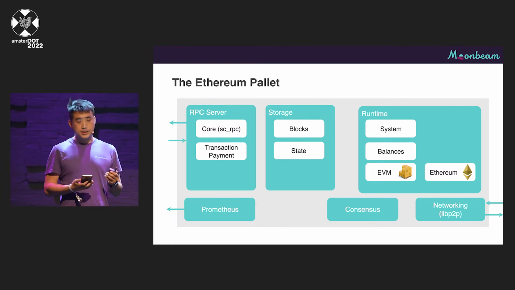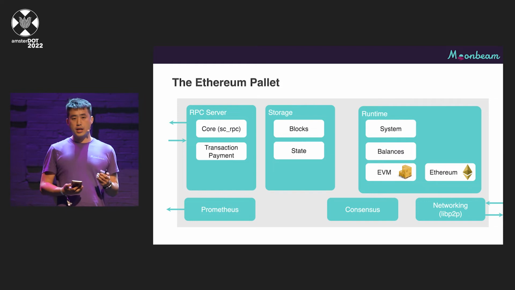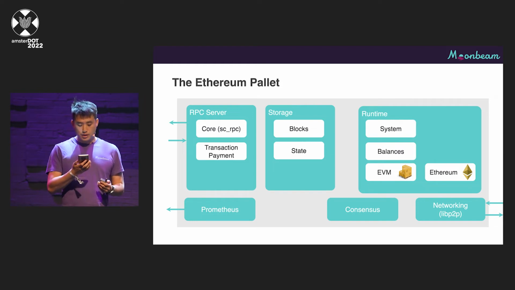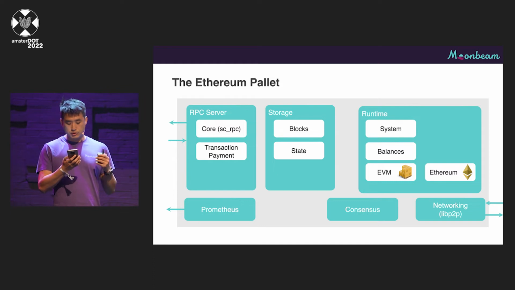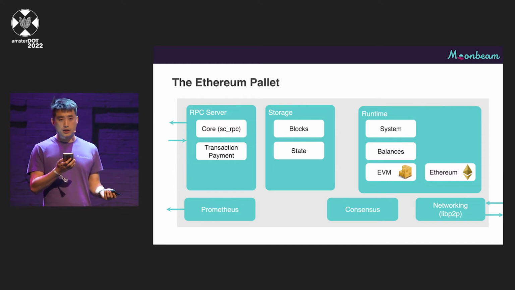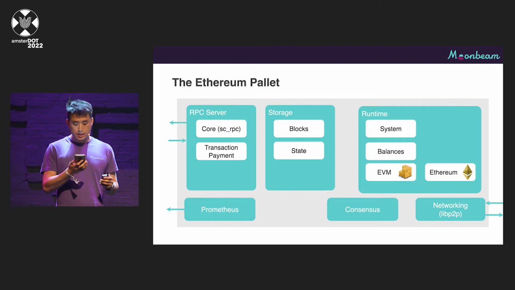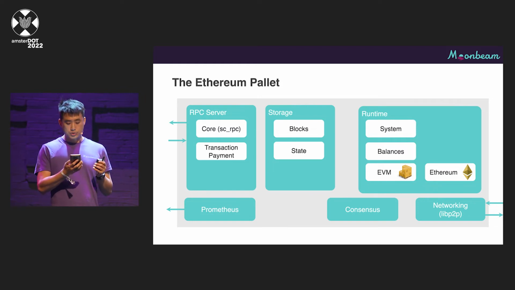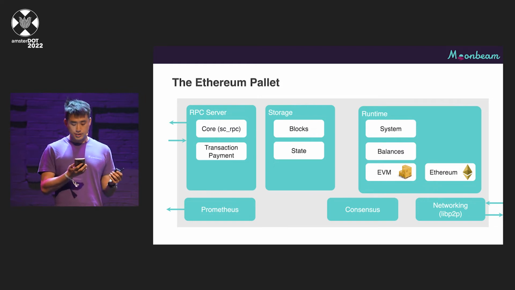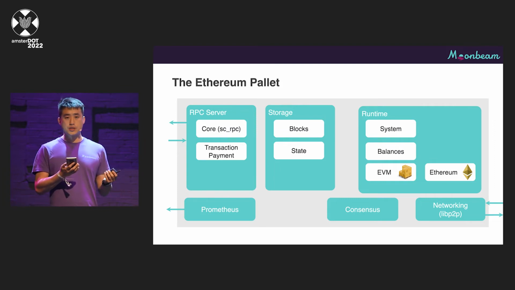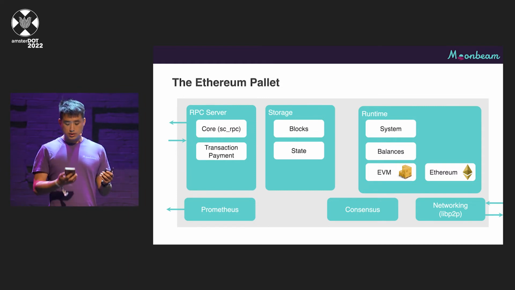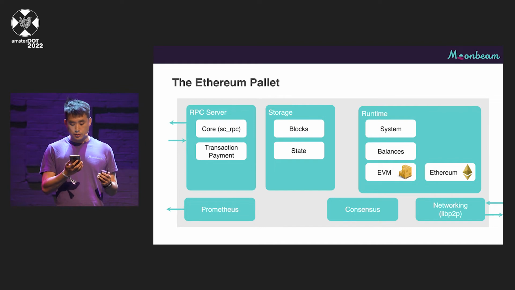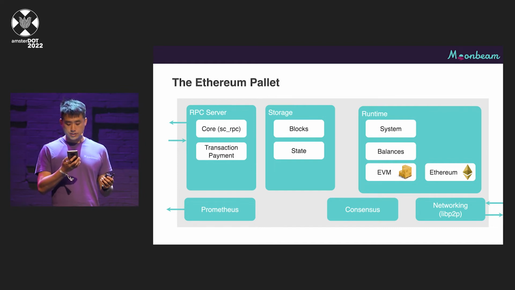So the answer to that is we use pallet Ethereum. So Frontier contains a pallet called pallet Ethereum, and this pallet introduces a new type of extrinsic, and that type of extrinsic is called the unsigned extrinsic, where users can submit raw and unmodified Ethereum transactions.